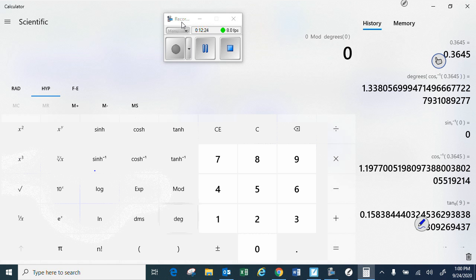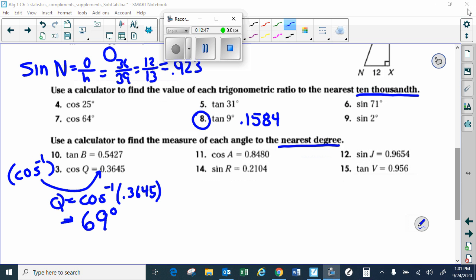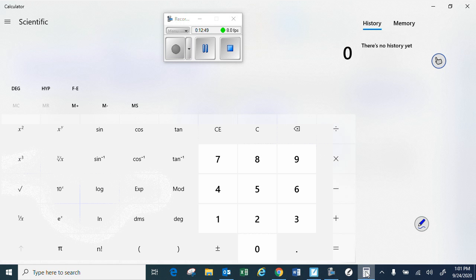Mode, degrees, 0.3645. How do I switch over? Let me come out of here and come back in.